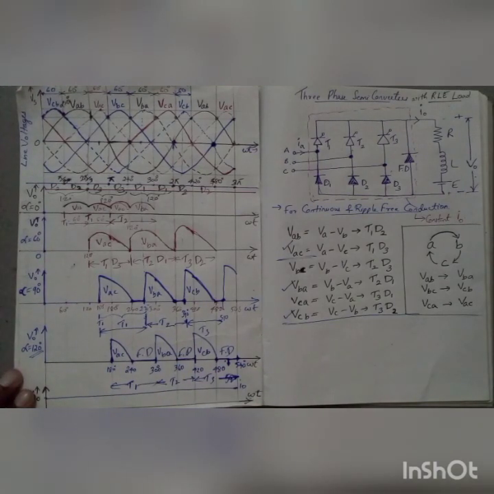The most important thing is the assumption that I0 is continuous and ripple free. If I0 was discontinuous, then definitely there will be points at which I0 becomes 0.